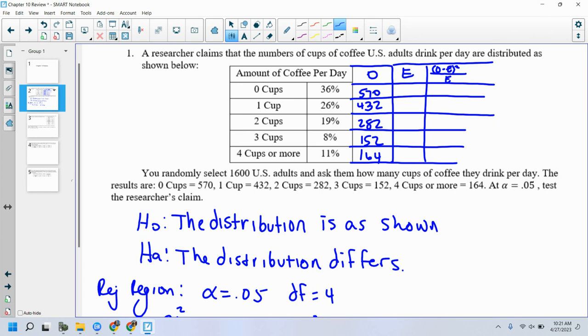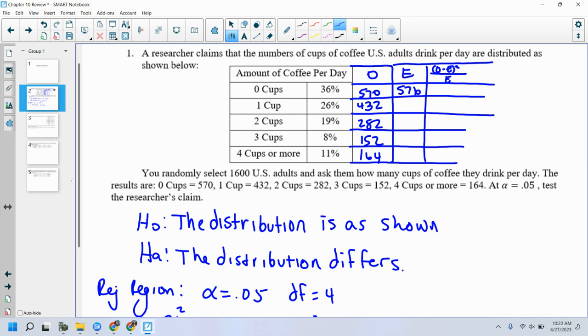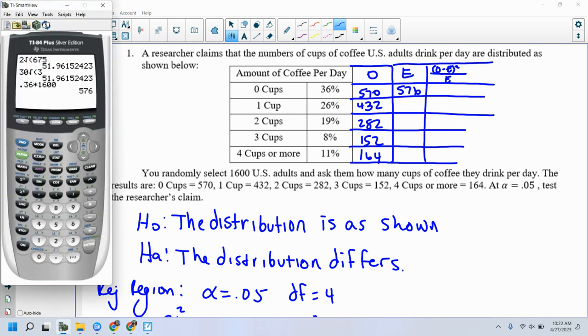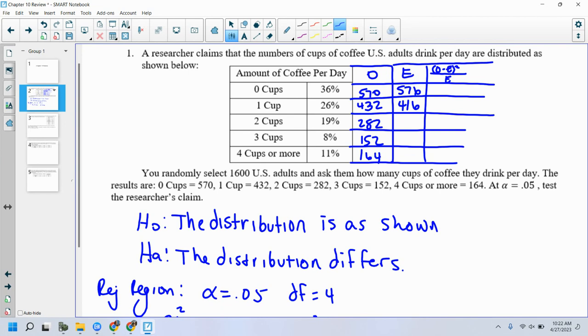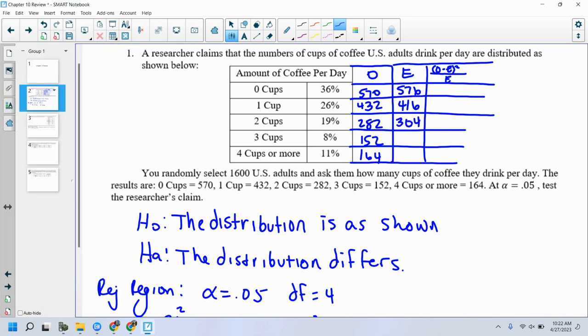Let's find my expecteds now. Remember that if I take 1,600 U.S. adults, I'm going to take 1,600 times my expected percentage. 0.36 times 1,600 is 576. So pretty close. We've got 0.26 times 1,600, which is 416, a little bit further off. 19%, 0.19, gives 304.